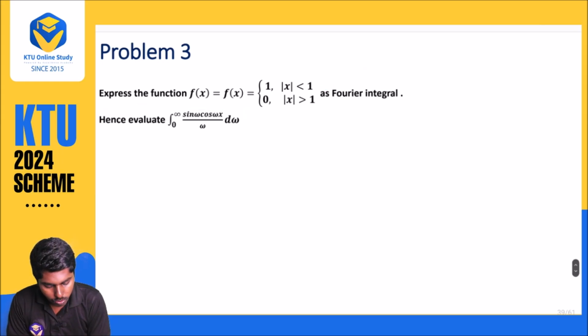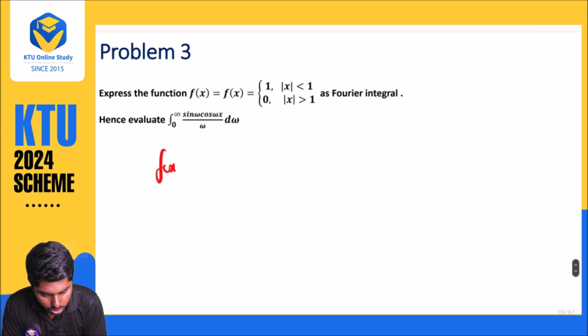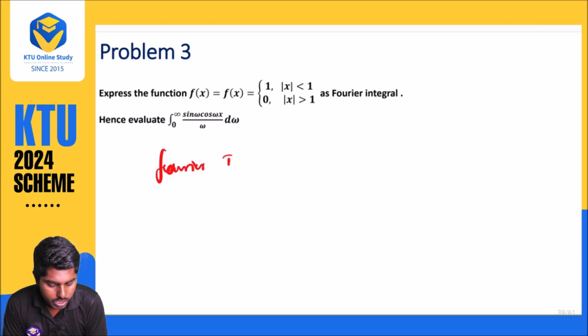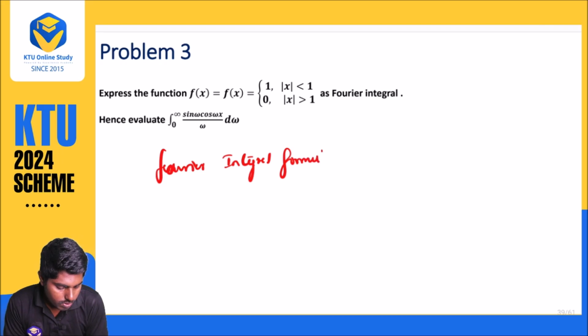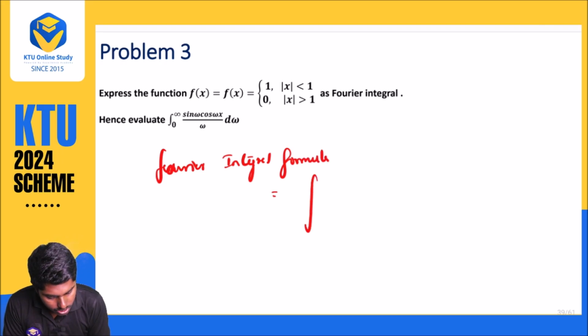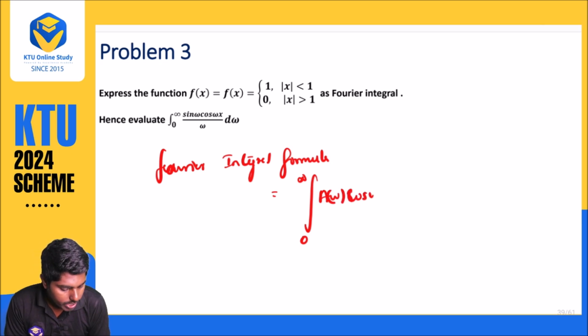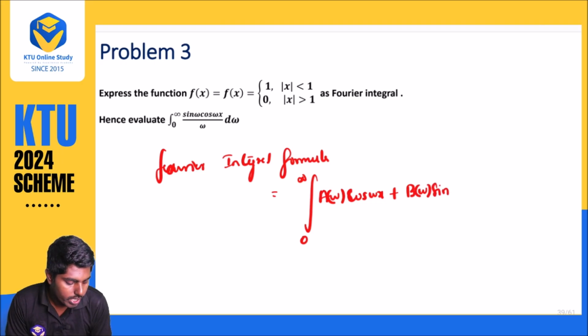Now the formula. What is the formula? Fourier transform formula, Fourier integral formula. The integral formula is 0 to infinity a omega cos omega x plus b omega sin omega x dx. So this is the formula.